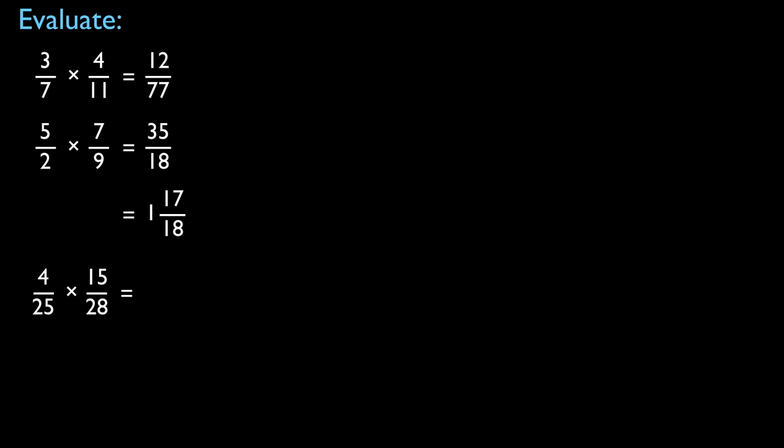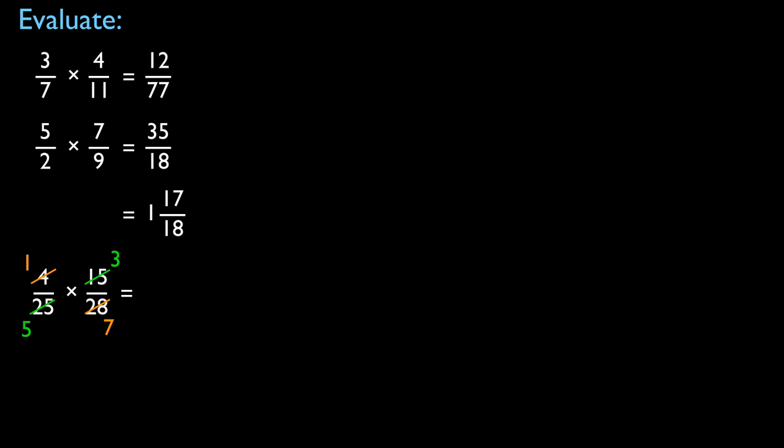So what I will do is take my 15 and reduce it by dividing it by 5, so it reduces to a 3, and do the same with the 25. So I divide 25 by 5, and it reduces to be a 5. Then I look and I say, well, wait a second, the 4 and the 28 are both divisible by 4. So reducing the 4 becomes a 1, and 28 divided by 4 becomes 7.